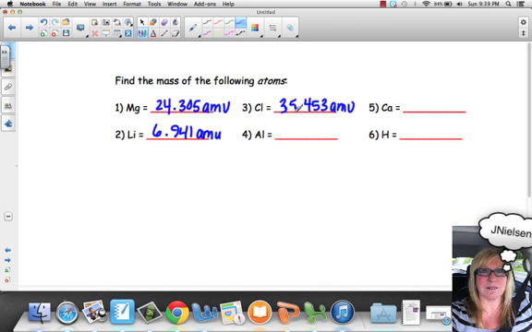Al is 26.98154. Calcium is 40.08. And hydrogen is 1.00794 AMU. So all I did was look up the mass and then add the units AMU.